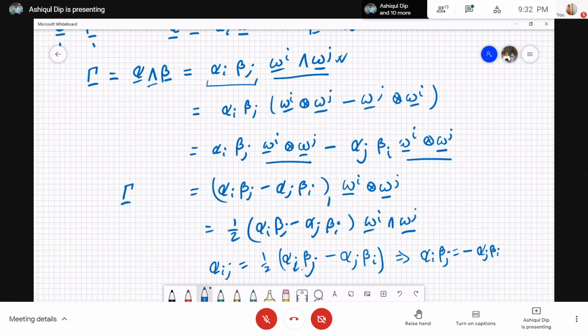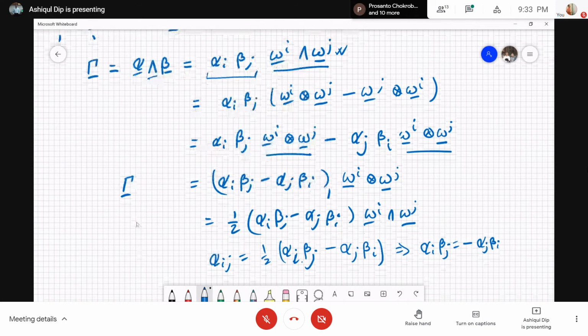If the decomposition of the tensor is unique, then alpha 1 beta 2 is going to give us a unique component, and alpha 2 beta 1 is going to give us another unique component. But the only thing that survives is the antisymmetric part. The other part is killed by the wedge product. Let's see an example. You'll understand what we mean.